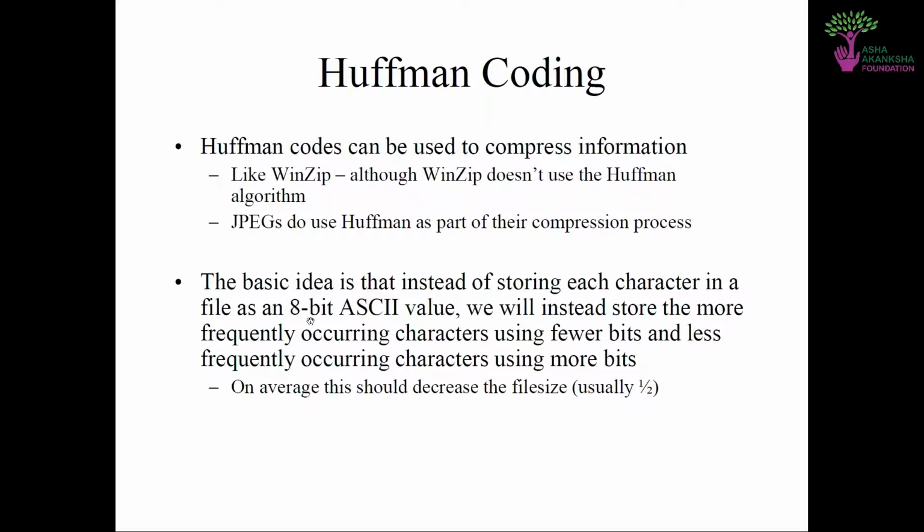But instead of storing it as a single character, we will store it in the form of smaller sizes. We will store the more frequently occurring characters using fewer bits and less frequently occurring characters using more bits.